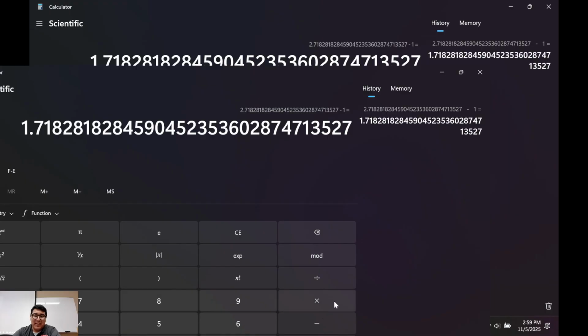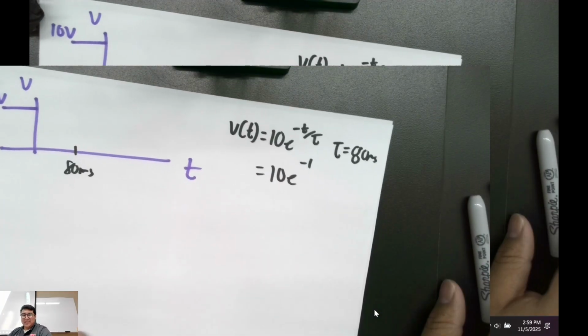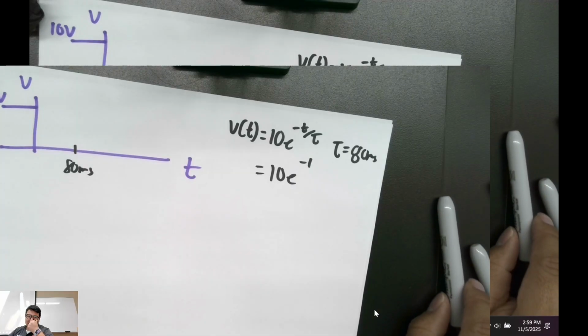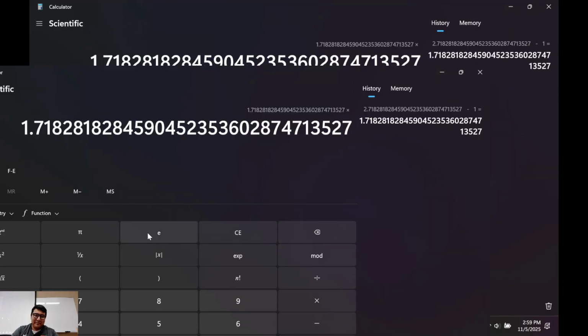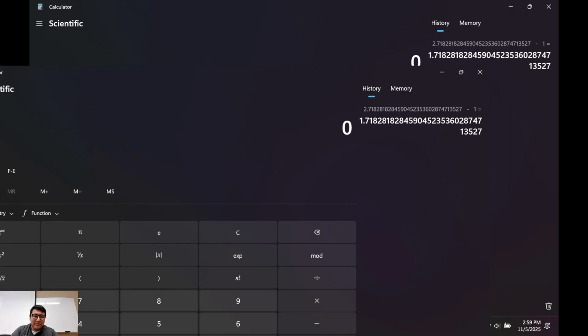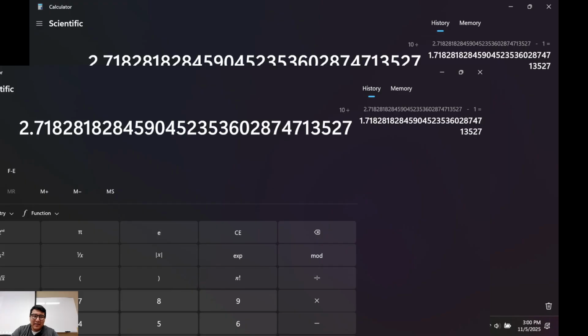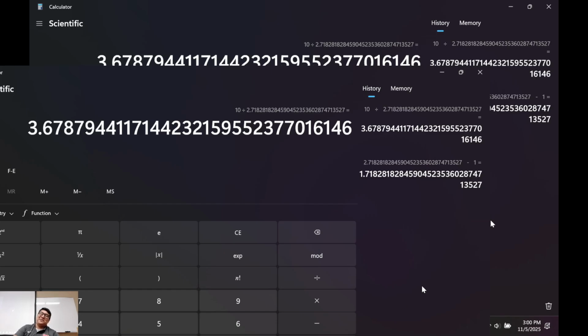I don't like that. Well, there's another way of doing this. Let me show you this calculator. Clear. 10 divided by e. There you go. I wonder why I wasn't getting it. 3.67 volts.